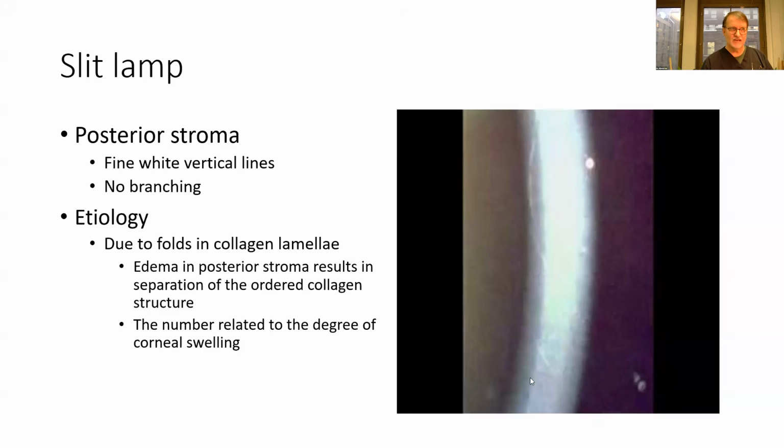They're typically straight up and down. And they're a consequence of folds in the collagen lamella and surrounding edema. And the number of these that you see are related to the severity of the trauma. Although I've seen this clinically in what would be seemingly fairly innocuous trauma, but these were pretty profound, and this was his endothelium.